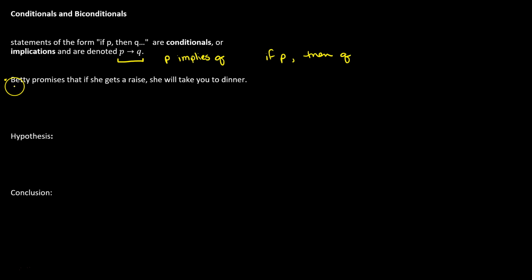So we have an implication. Betty promises that if she gets a raise, she will take you to dinner. So let's break this down into a PQ type situation. The if, well, what are they saying if? If what? If she gets a raise, that's P, that's our hypothesis.